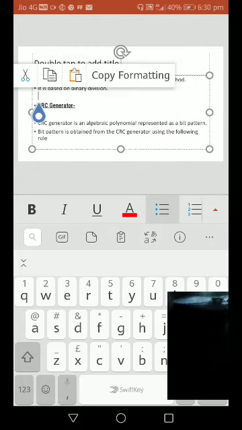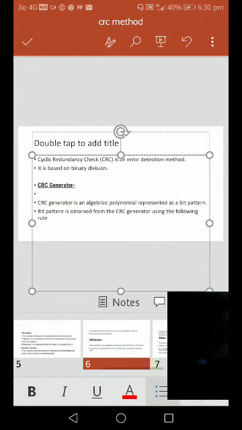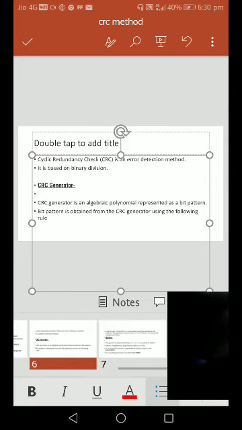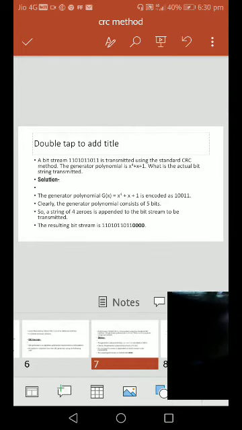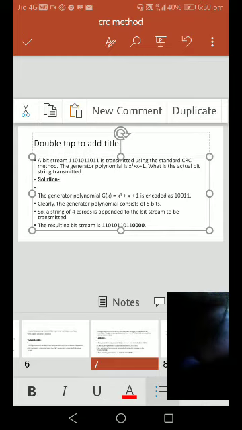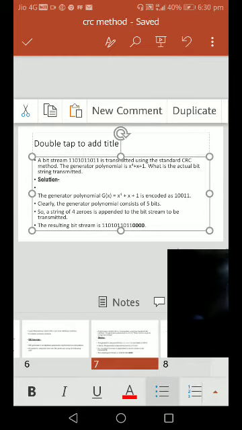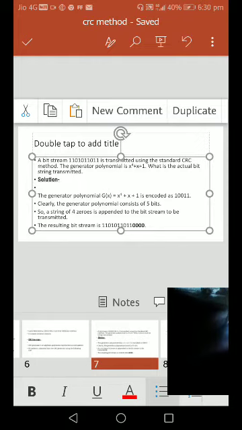The next slide is the CRC generator of the CRC method. We take one example of solving error detection using the cyclic redundancy check.